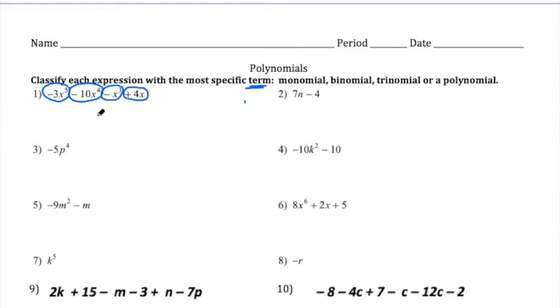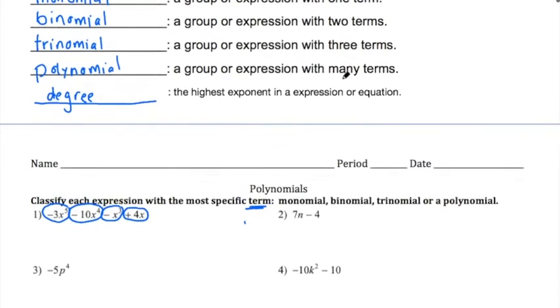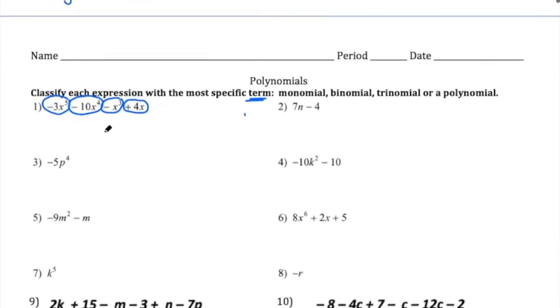So this one has four terms. From up above, we have a name for 1 term, 2 terms, 3 terms, but if it's any more than 3, we're going to refer to them all as polynomials. I'm going to write this over here, giving myself some space, because I'm actually going to change the directions. In addition to determining if this is a monomial, binomial, trinomial, or polynomial, we're also going to determine the degree.